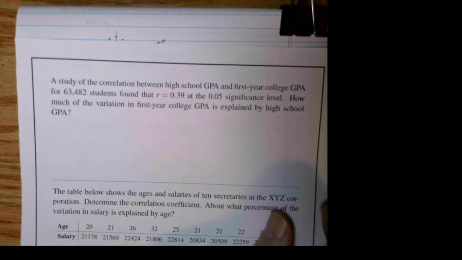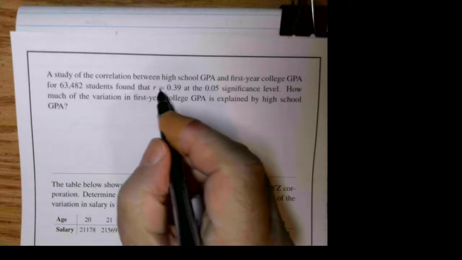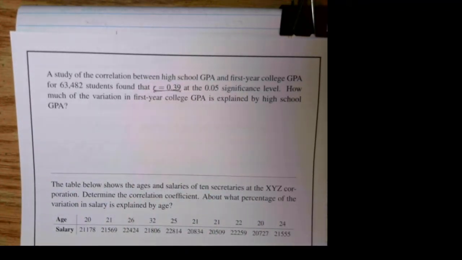A study of the correlation between high school GPA and first-year college GPA for more than 63,000 students found R equal 0.39 at the 0.05 significance level. We won't study significance in relation to correlation in this course, so that's really irrelevant to us.